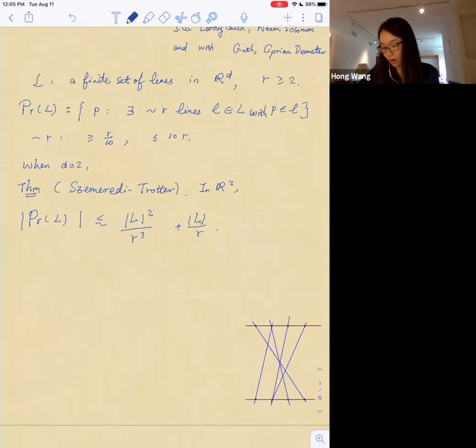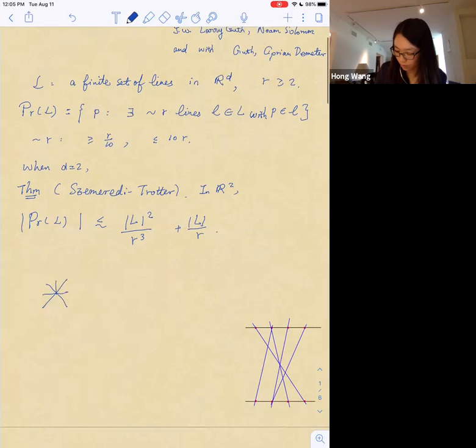And when R is greater than L to the 1/2, one can find an example like the following. We can pick L divided by R points and let the set of lines be the lines passing through those points.